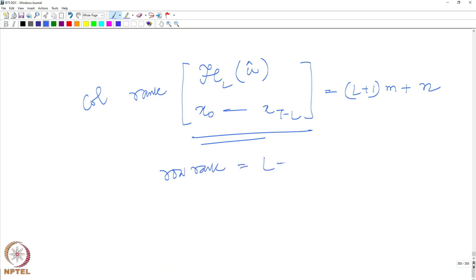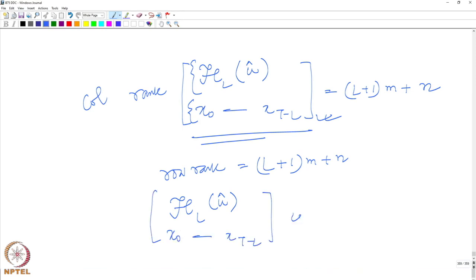Row rank must also be equal to (L plus 1) times m plus n, and counting the rows, there are exactly (L plus 1) times m plus n. So, under persistency of excitation, this matrix is full row rank.